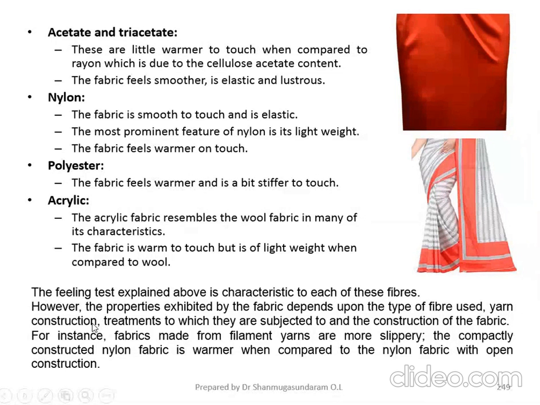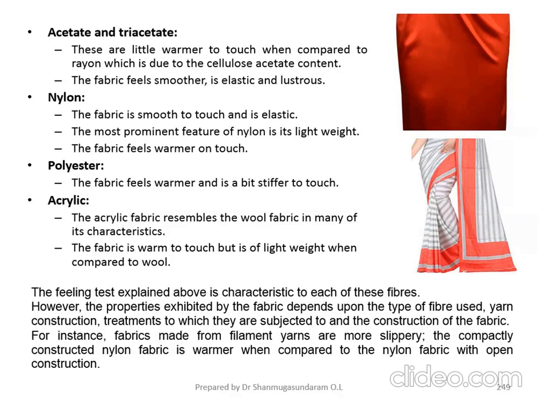It may be a low twisted yarn or a high twisted yarn, or it may depend on the treatments given to the fabric. Sometimes even the jute fabric may be subjected to some smoothing treatment. If you treat the jute fabric in alkali, the fabric ultimately gives a smooth touch.